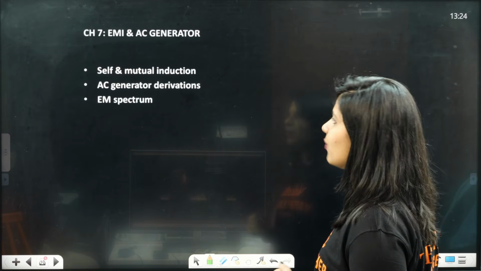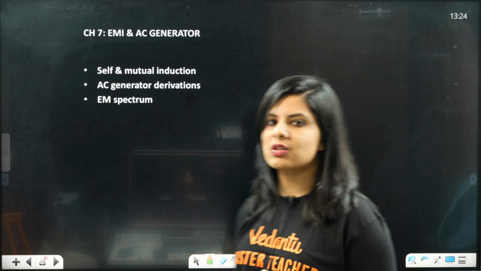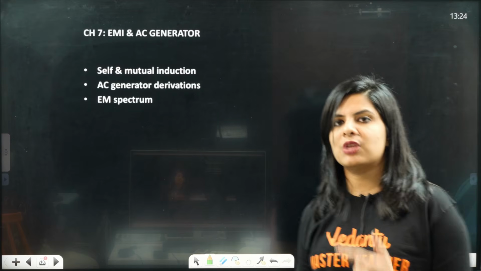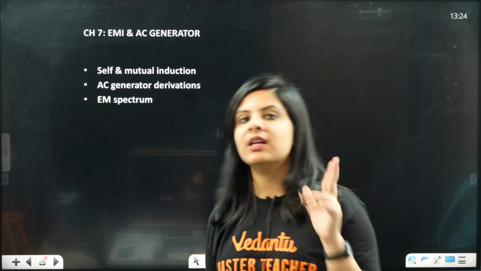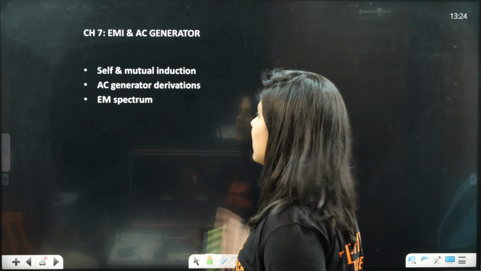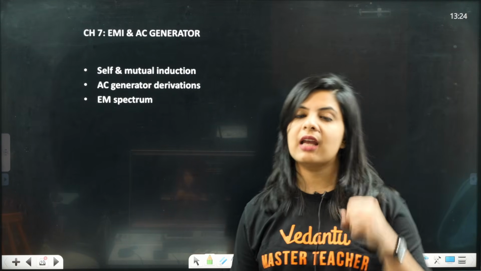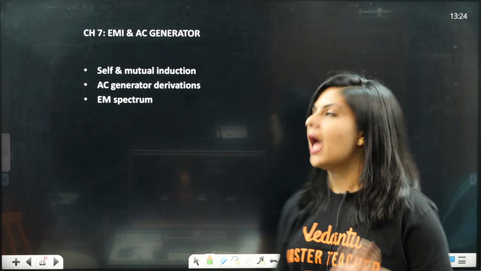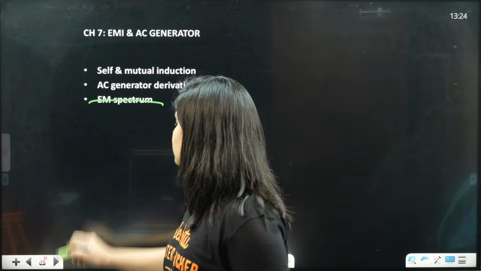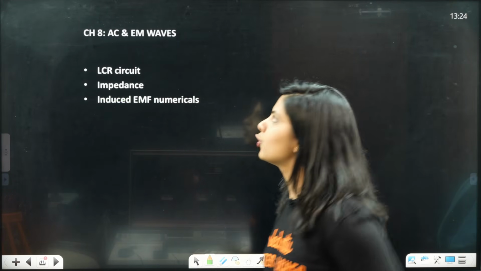Next one is electromagnetic induction and the AC generator. In this case, self induction and mutual induction are very important, the derivation is also important, and the AC generator derivation is again very, very important. Then coming to the next one, AC and electromagnetic waves.